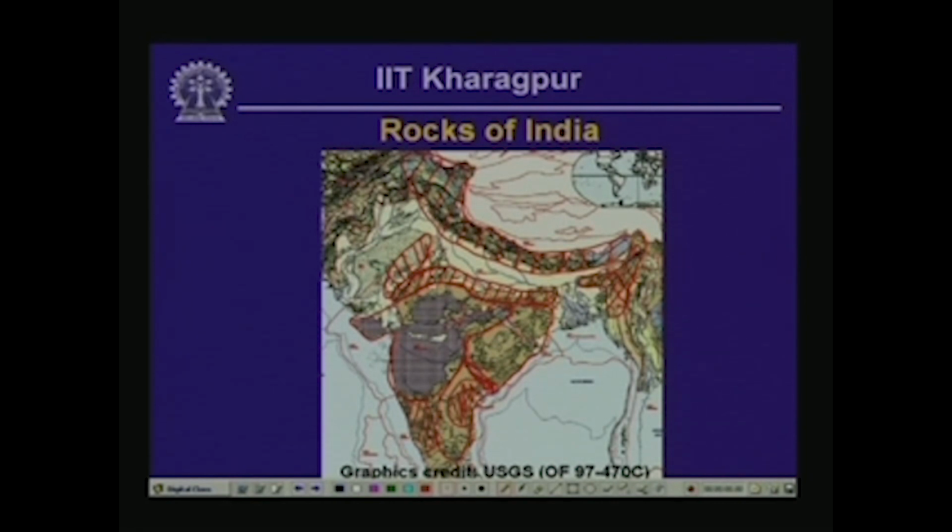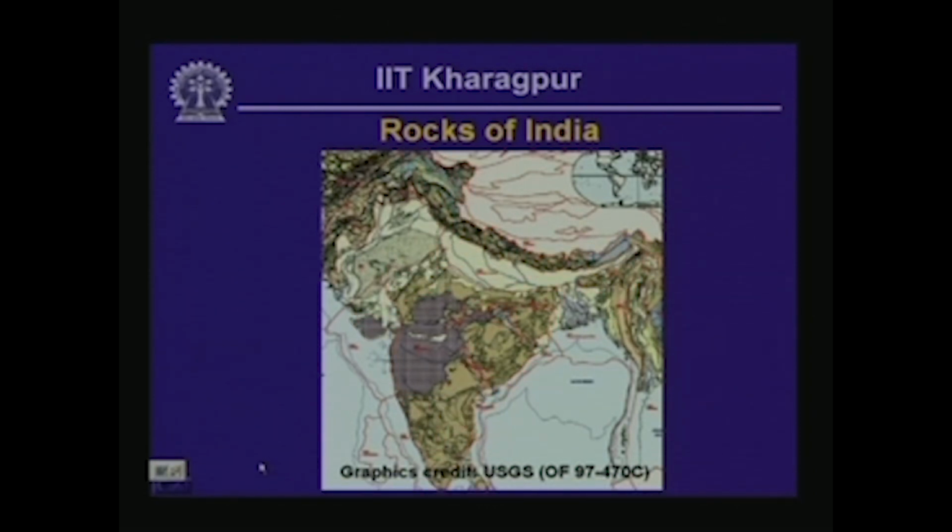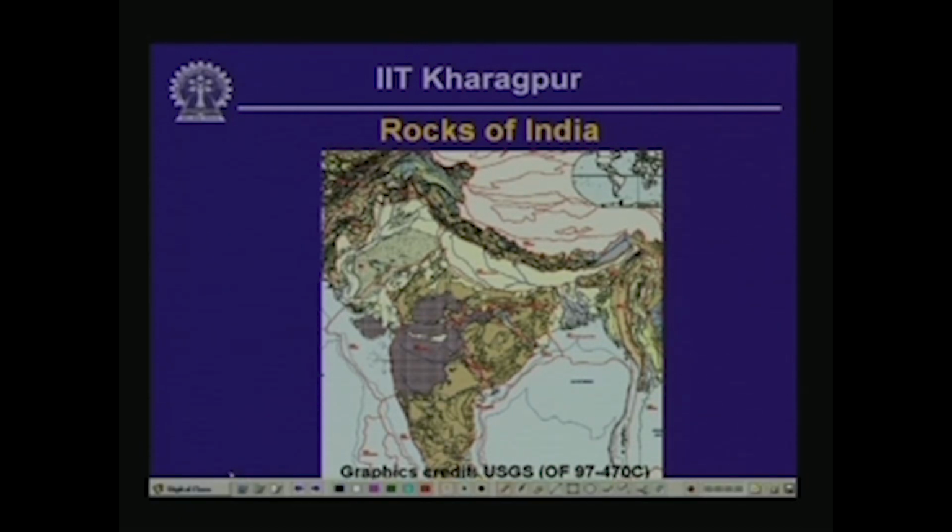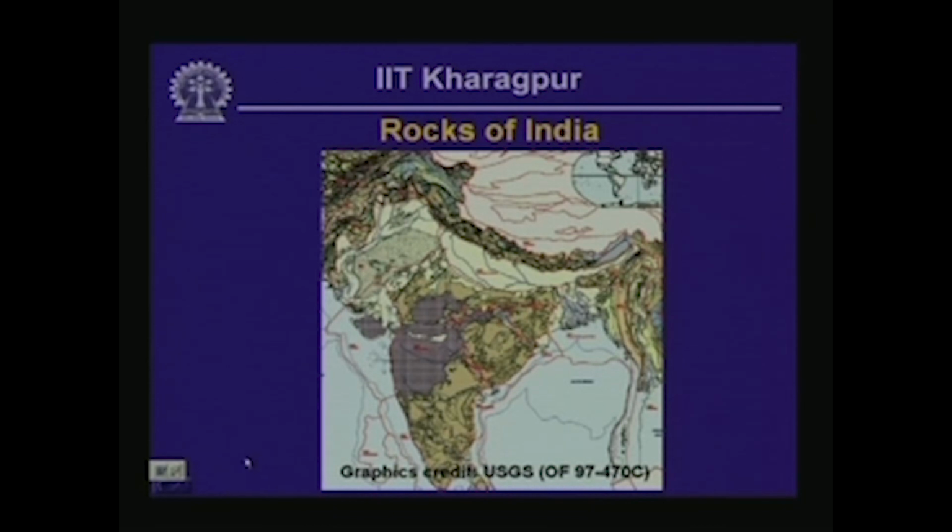On the west coast, south of the Deccan Trap, south of the basaltic area, we find an area rich with granite, phyllite, schist, and essentially volcanic rocks and metamorphic rocks that generate out of volcanic rocks. So that in a nutshell gives you the inventory of different types of rocks found across our country.